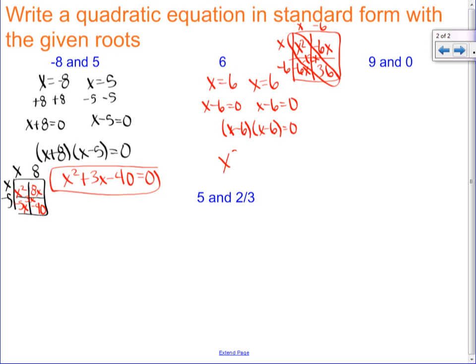Let's do this. And we've got the equation it started out as. Now the last 2 are a little bit different, so I definitely want to go through these examples.